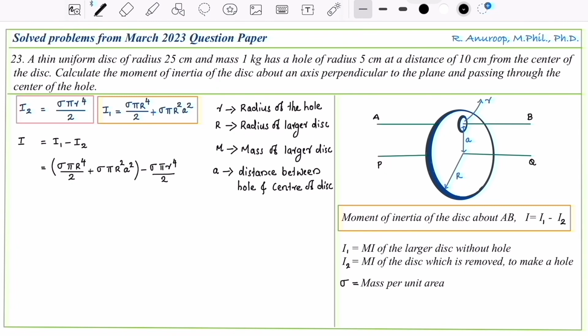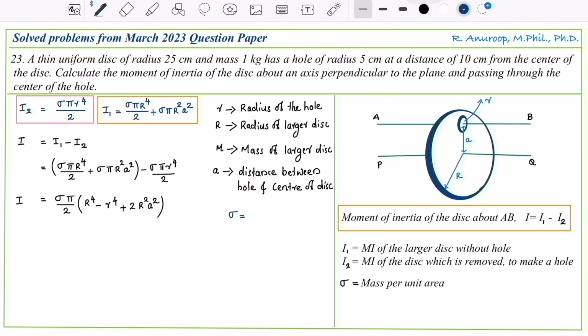And this is equal to sigma pi divided by 2 into, within bracket, capital R raised to 4 minus small r raised to 4 plus 2 times R square a square. This is the moment of inertia of the disk about AB.